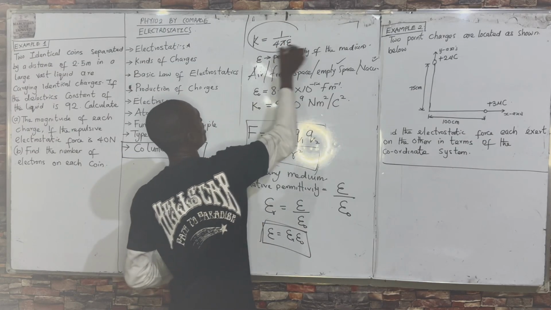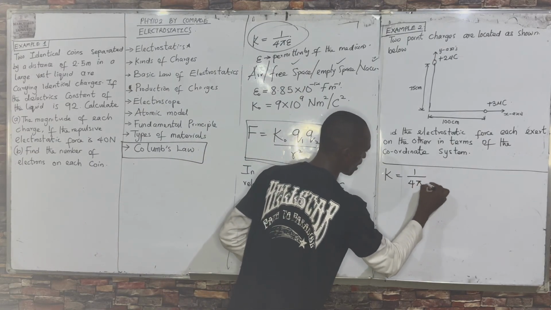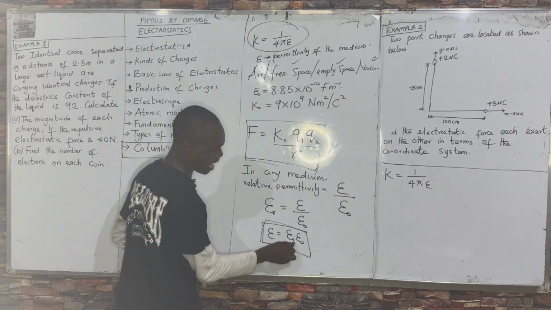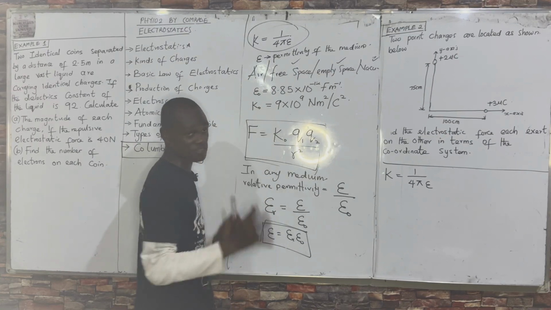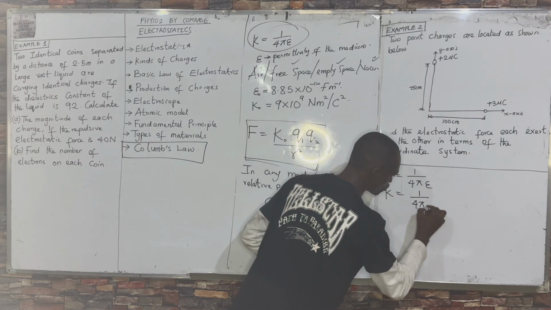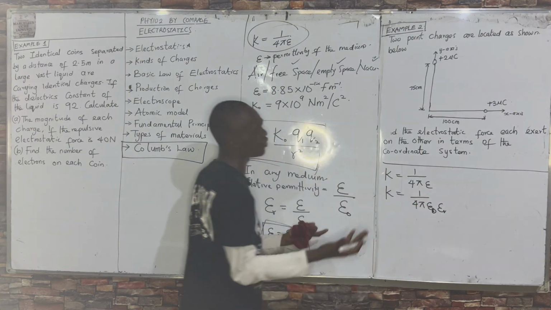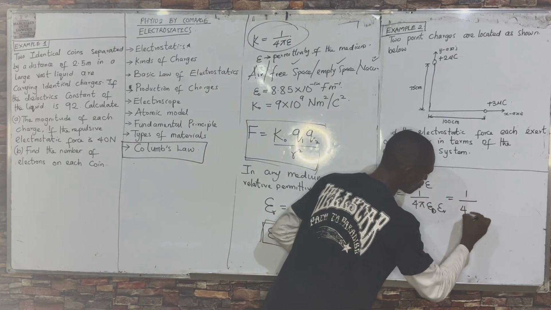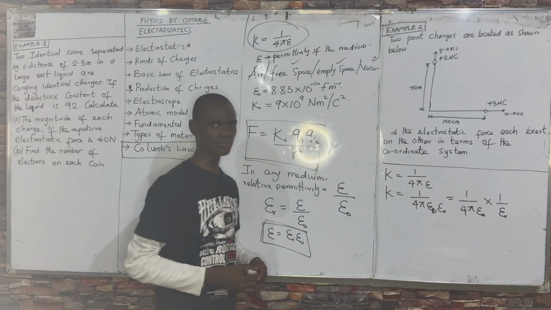Now, if I come back to this formula for K, wherein K is 1 over 4 pi E, remember E becomes ER E naught, because the medium of interaction is no longer air or free space. So K becomes 1 over 4 pi, and instead of E, I replace it with ER E naught. We can write this as 1 over 4 pi E naught times 1 over ER. It's saying the same thing.